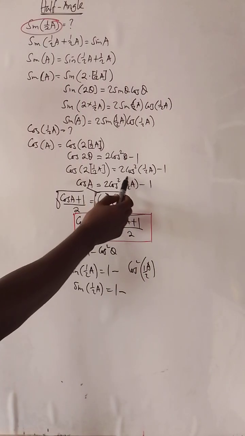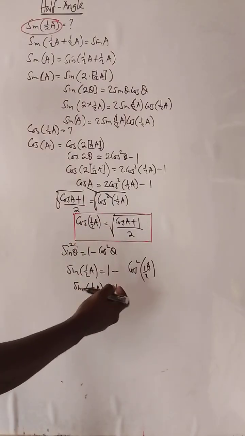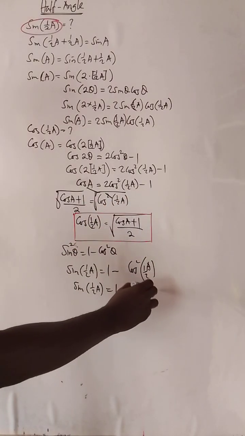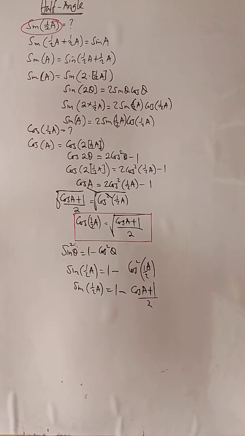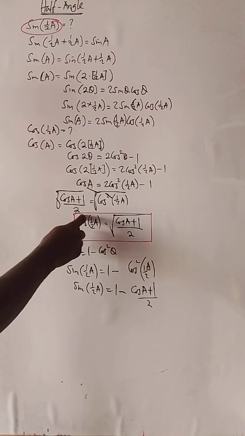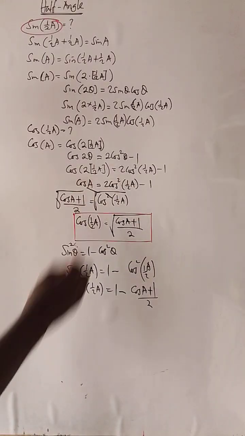From here, it's as though we are squaring this. If you square this, you'll have cos A plus 1 over 2.